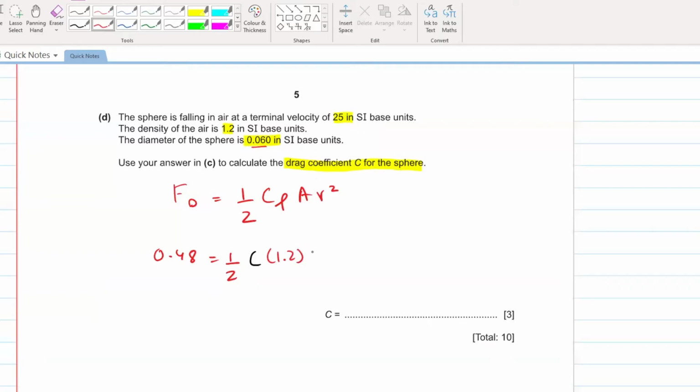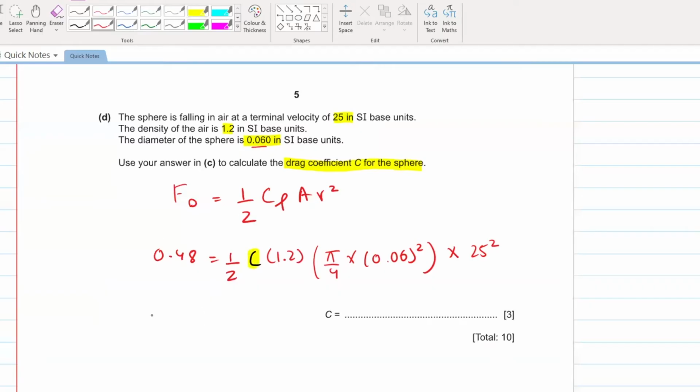What can we do? We can say area is equal to pi over 4 into diameter squared, 0.06 squared, multiplied by velocity squared, that is 25 squared. Can you calculate this value of C, beta?